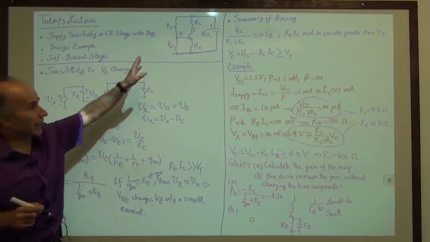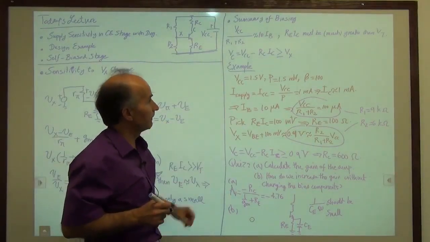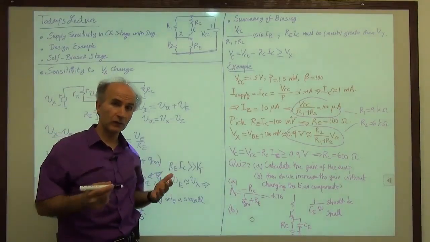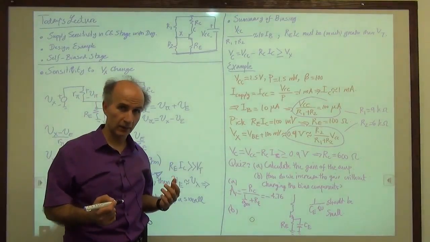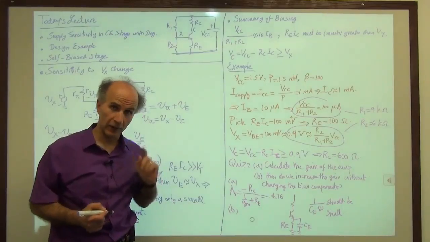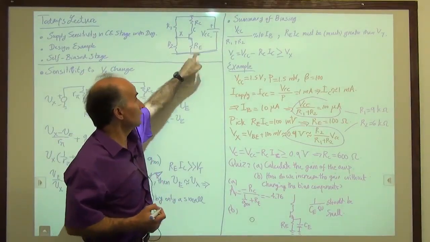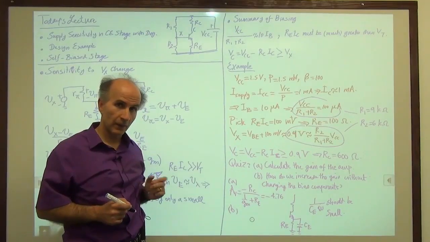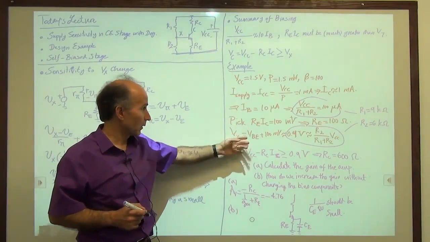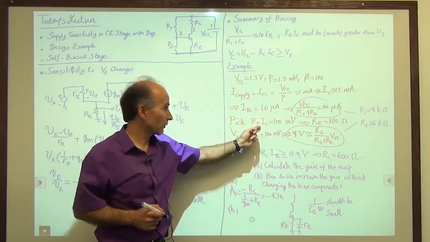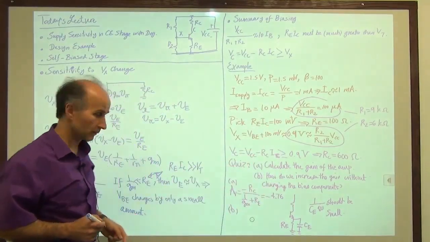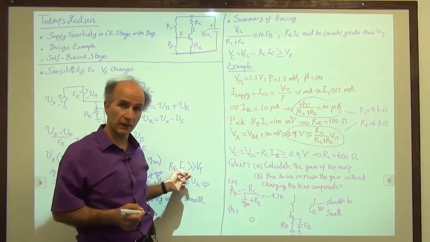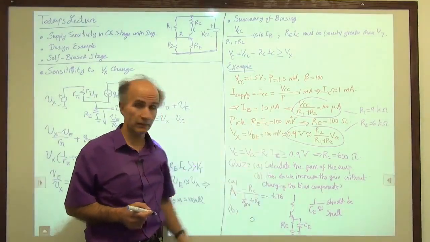Regarding this circuit that we analyzed in this example, let's take a step back and see whether we have actually gained anything. I advertised that degeneration helps with supply sensitivity. The question is, in this example, where I chose the drop across RE to be 100 millivolts, well, that's the idea, that's what we wanted really, but we couldn't do that for various reasons, so we chose to be only 100 millivolts.